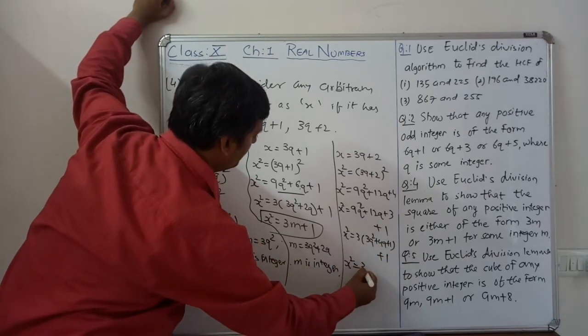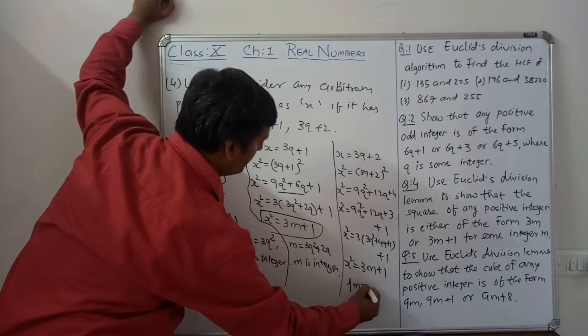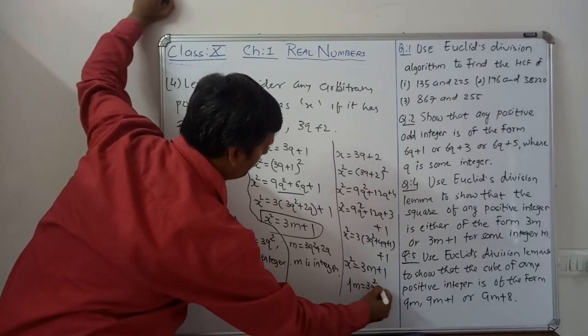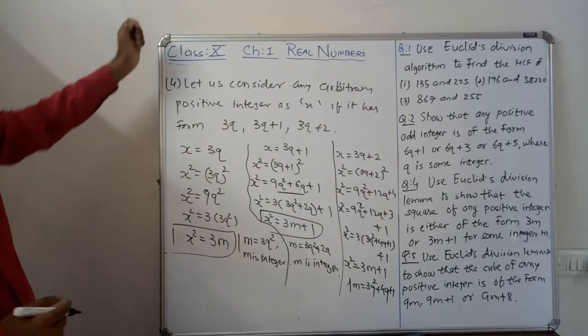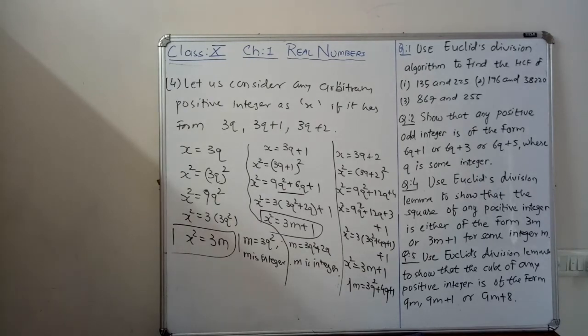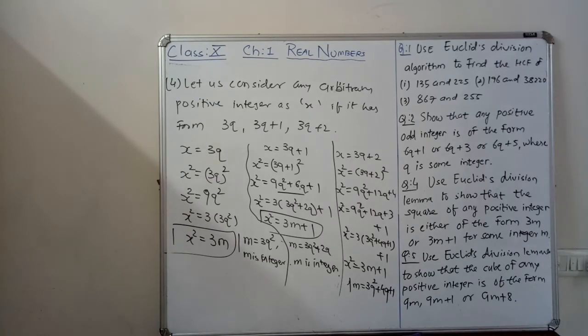So x squared is equal to 3m plus 1, where m is equal to 3q squared plus 4q plus 1, right? And m is an integer. So any positive integer square is always in the form of 3m or 3m plus 1. Clear? Understand this? Okay.